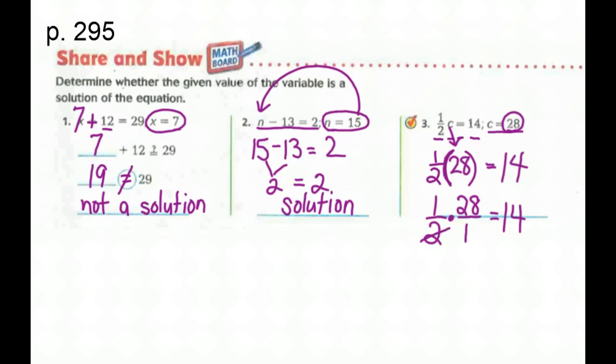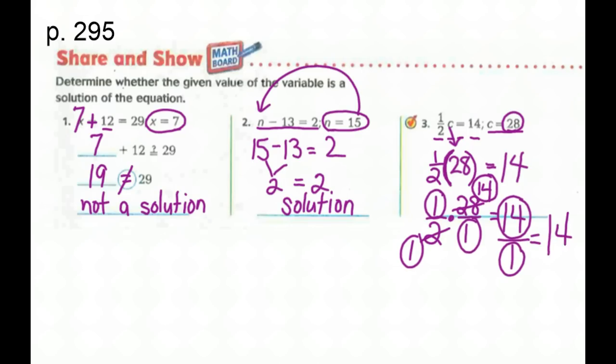So we can reduce before we multiply. 2 goes into 2 once, and 2 goes into 28 14 times. There's nothing else to reduce. So we multiply the top. 1 times 14 is 14, and 1 times 1 is 1. So that gives us 14 over 1, which equals 14. So yes, this would be the solution.